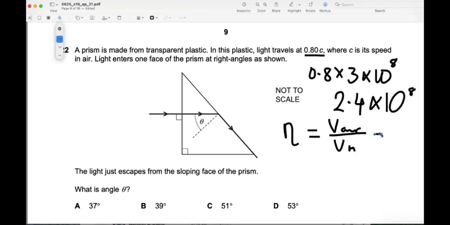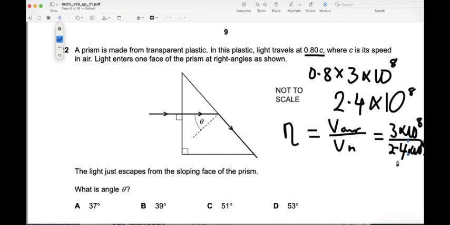So the speed in air is what? 3 times 10 to the power of 8. So it is 3 times 10 to the power of 8 over 2.4 times 10 to the power of 8.